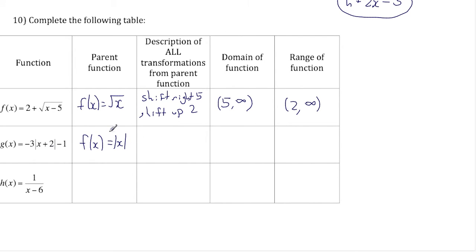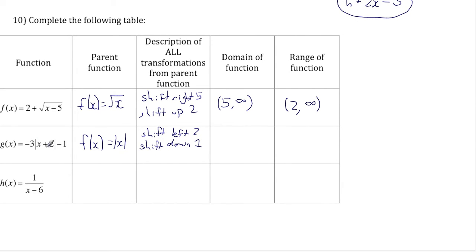Here, a whole bunch of stuff is going on. We see again that positive 2 next to the x, so that means we're going to shift the opposite way. So shift left 2. We have a minus 1 on the end, so we are going to shift down because we're subtracting 1 from the y value.